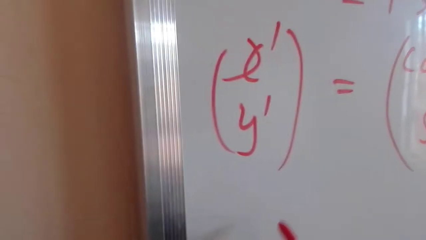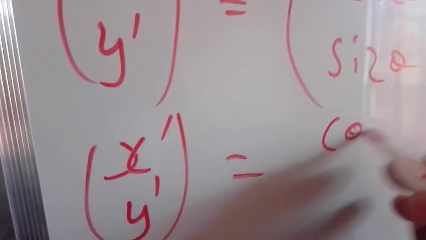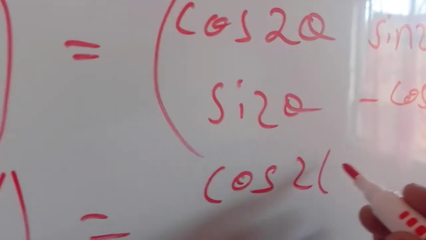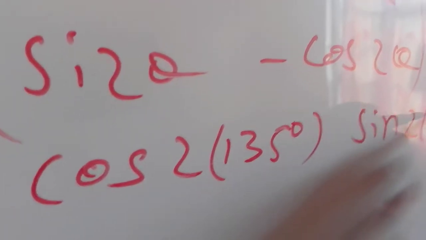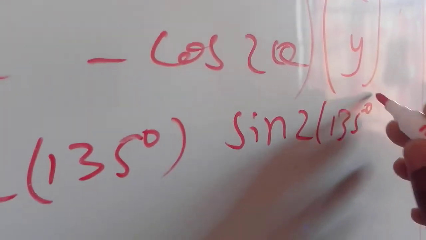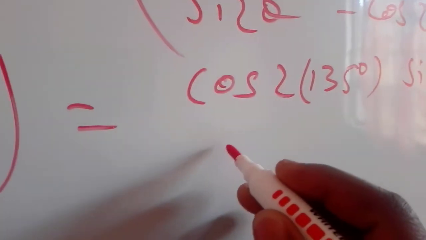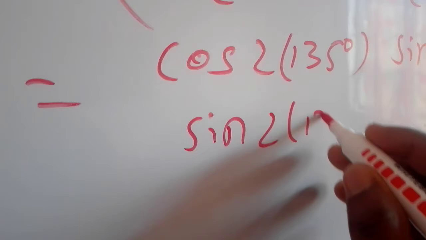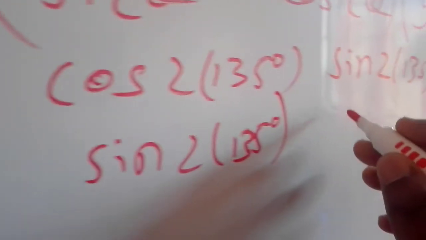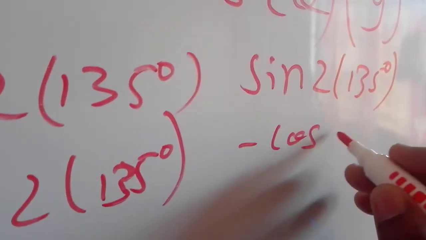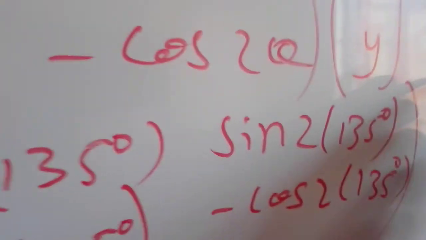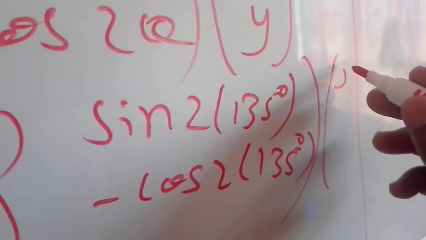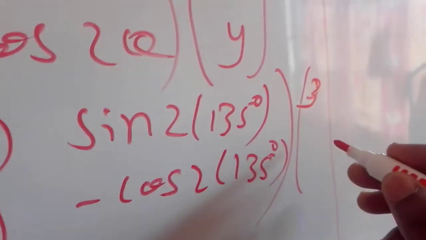So the image (x', y') equals the matrix with cos of 2 times 135 degrees, sin of 2 times 135 degrees, sin of 2 times 135 degrees, negative cos of 2 times 135 degrees, times the column vector with x equals 3 and y equals 1.